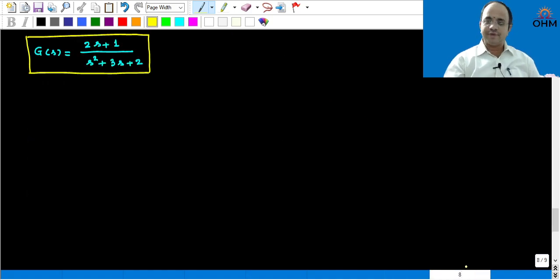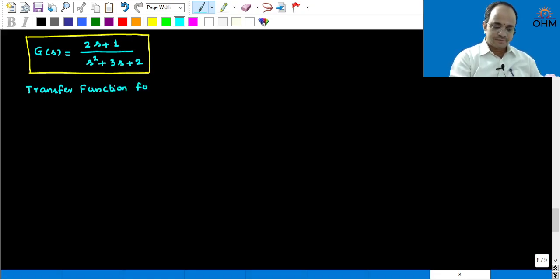Out of that, I figured out that for two options, the transfer function is matching with the given system transfer function. Now I will write down the answers here.